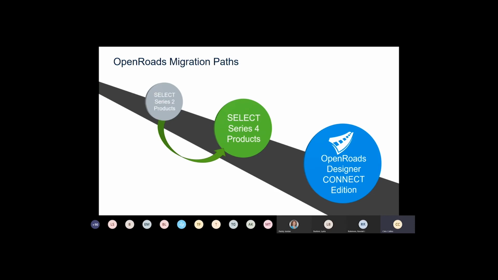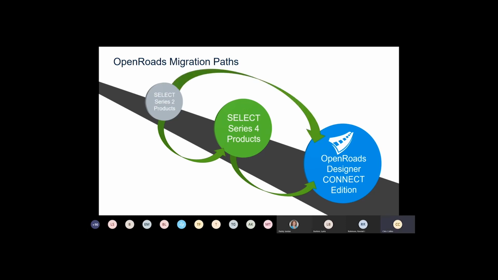There were things that had to be configured, feature definitions, things like that. But what that did is that made the jump from Select Series 4 to OpenRoads very easy, because, remember in the previous slides, those configurations and everything that was planned for Select Series 4 easily went into OpenRoads Designer.